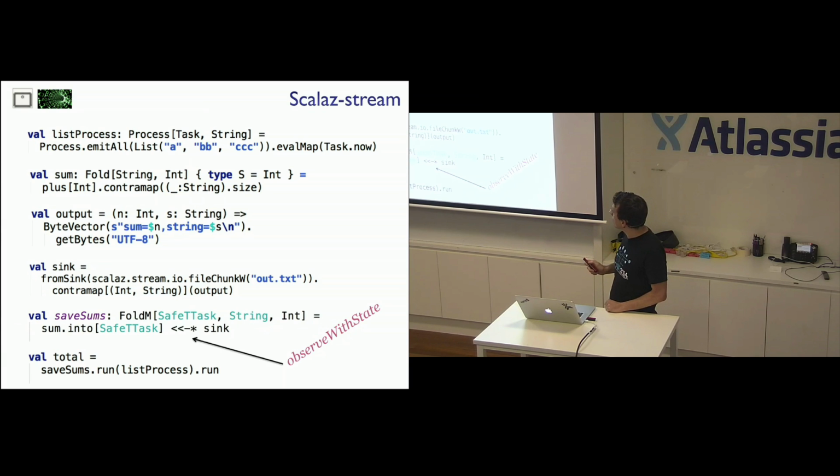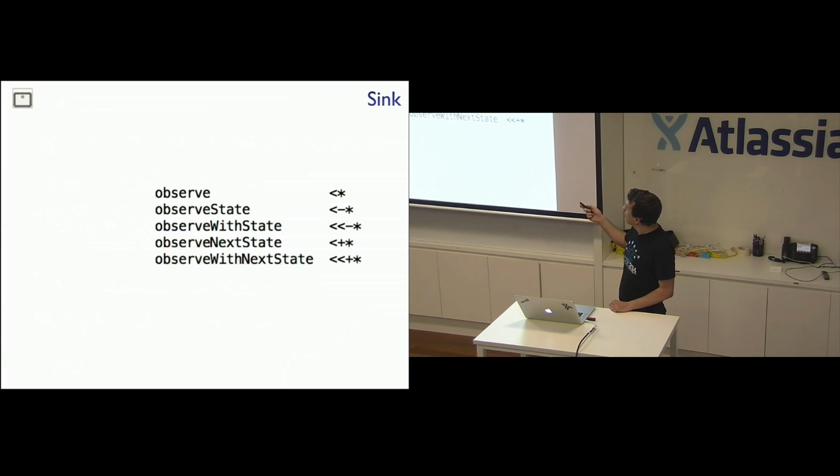And we need quite a few of them, because when you observe what's going on as your streaming element, you can either observe the current element, you can observe the current state, you can observe the current element and the current state, you can observe the current element and the next state, or just the next state.